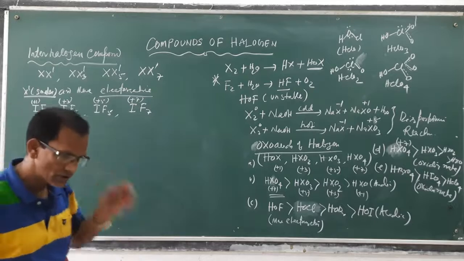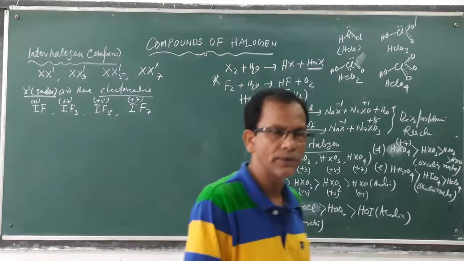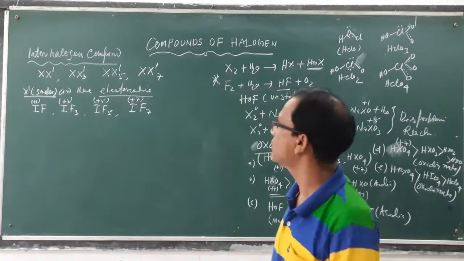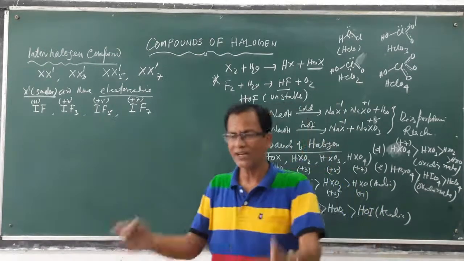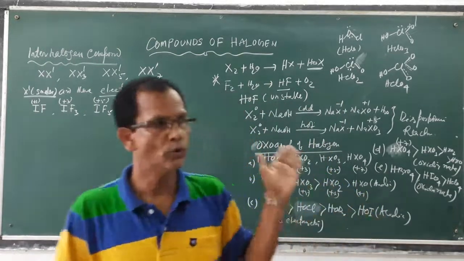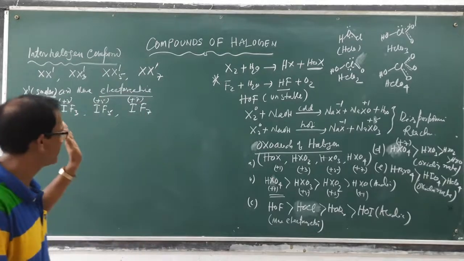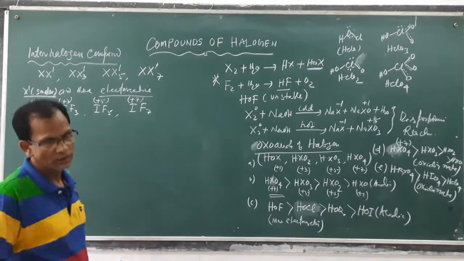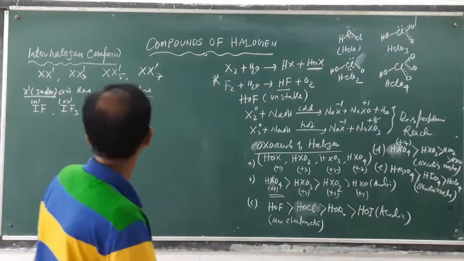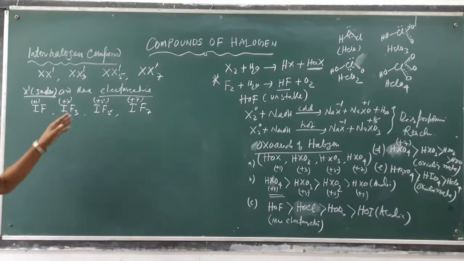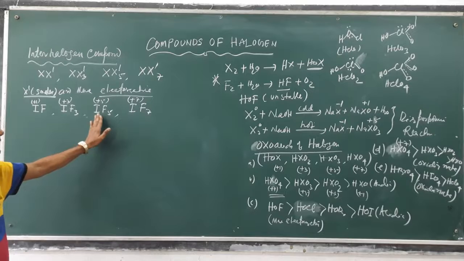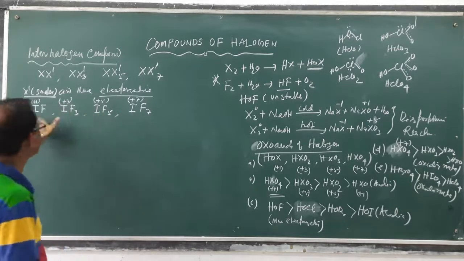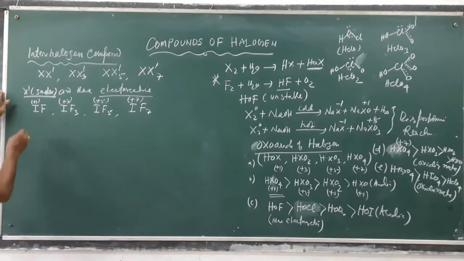Already we have discussed that halogens show odd oxidation numbers, that is plus 1, plus 3, plus 5 and plus 7. Due to excitation of electrons from a lower paired subshell to a higher energy subshell, this produces odd numbers of unpaired electrons: 1 electron, then 3, 5, 7. That's why this happens. But a very important thing is regarding the interhalogen compounds.